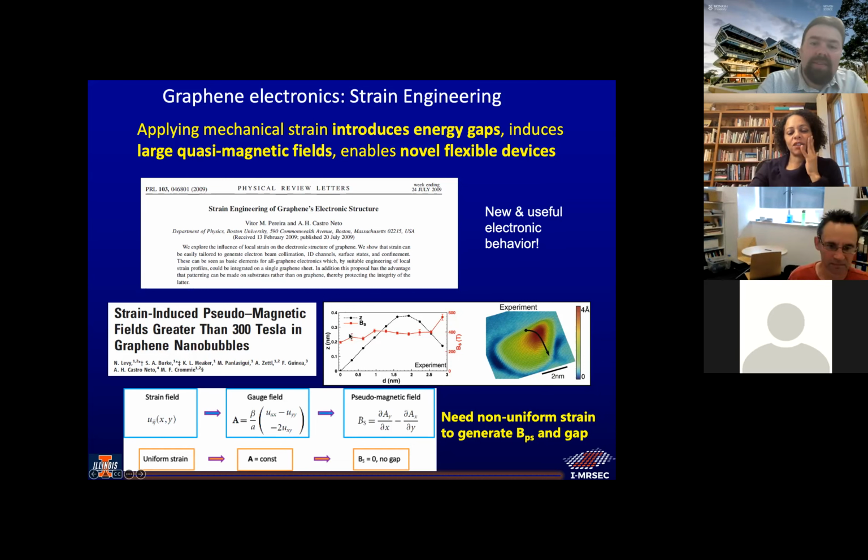You can see how the pseudo field is plotted in red here, and it's pretty constant over this scale of about 3 nanometers. But I believe it falls off after you get to the edges out here. Okay, thank you. So a few nanometers, I guess. Yeah.